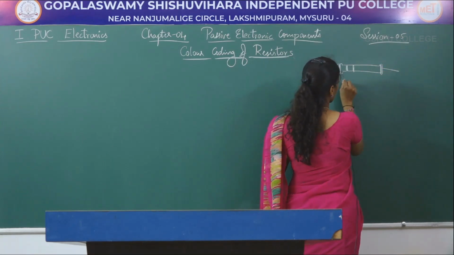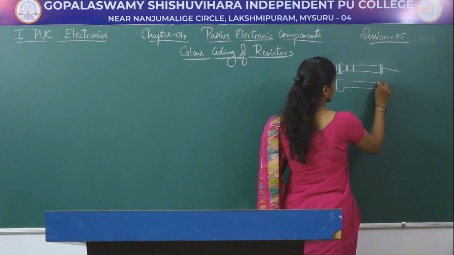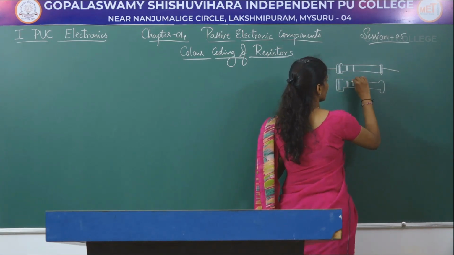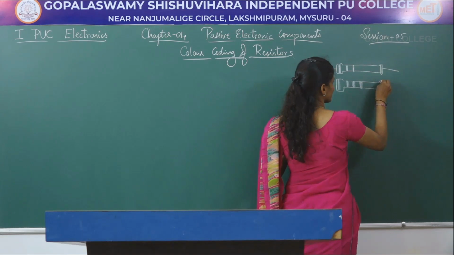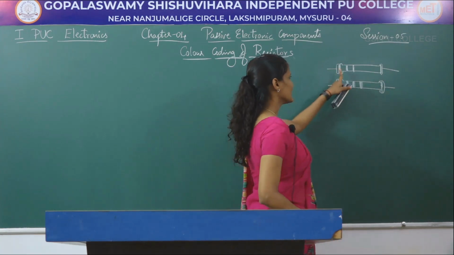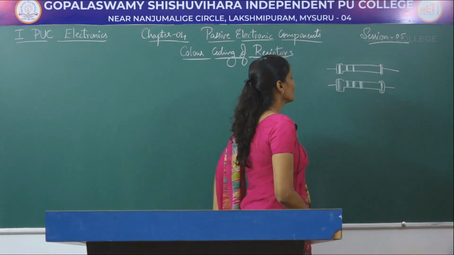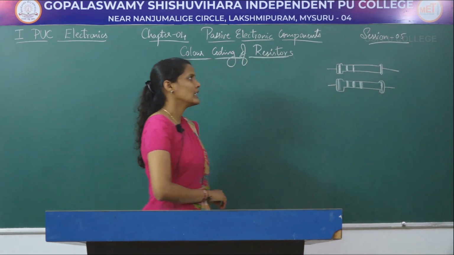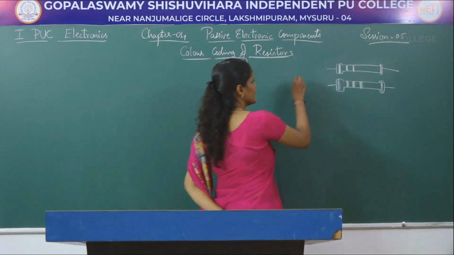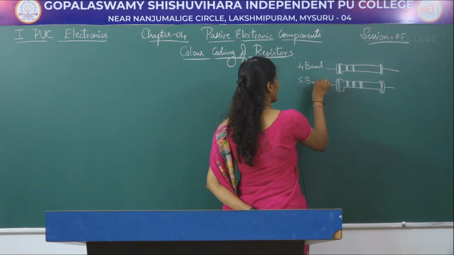Similarly, for the 5 band resistor, five bands will be present. So, this is the 1, 2, 3 and 4 bands, and 1, 2, 3, 4 and 5 bands. These resistors will have 4 bands or 5 bands which indicate the resistance value of that particular resistor. So, this is a 4 band resistor, whereas this is a 5 band resistor.